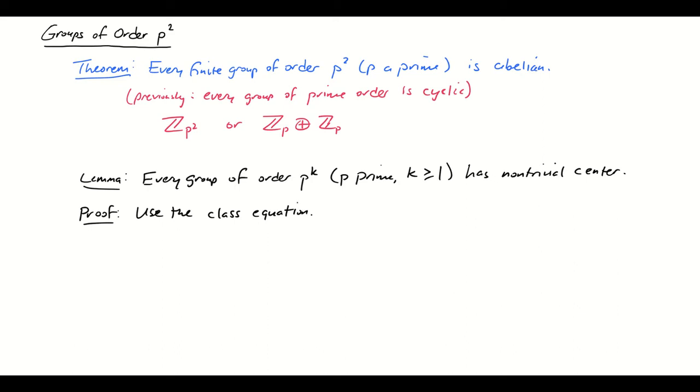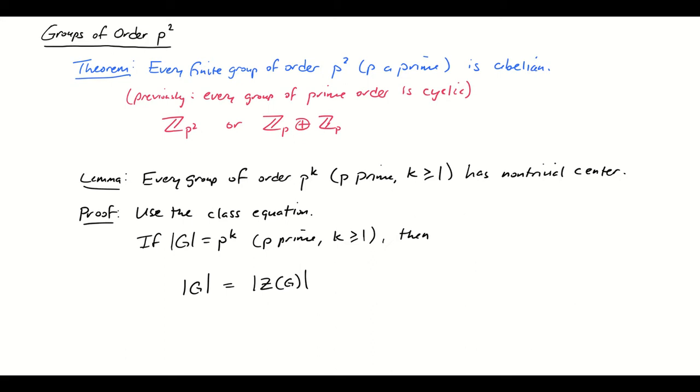So the class equation, just as a reminder, is that if I have a group G of order p to the k, p prime, and k greater than or equal to 1, then by the class equation, I know that the size of the group G, that is the number of elements in G, is equal to the size of G's center.